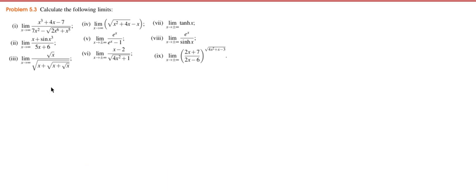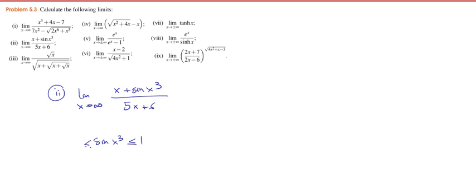Now let's do part 2. The limit when x goes to infinity of x plus the sine of x cubed divided by 5x plus 6. Now, the sine of x cubed is bounded between 1 and minus 1.